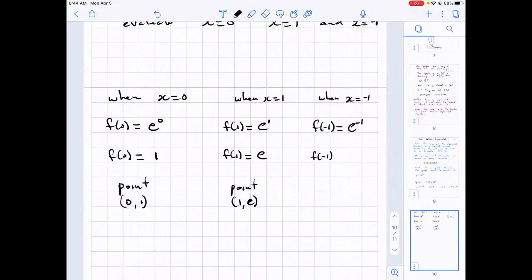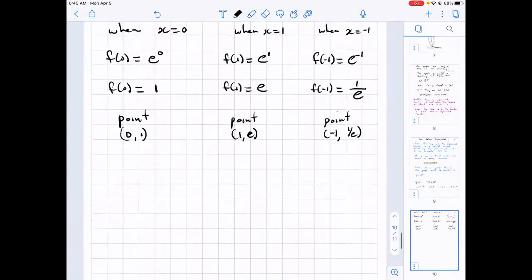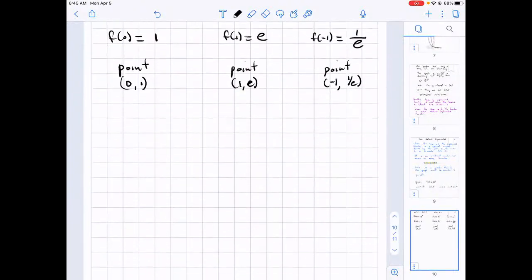Therefore, f of minus 1 will be 1 over e. So your point will be minus 1 comma 1 over e. And you can round these to decimals. There's nothing wrong with changing them to approximate decimals, okay?